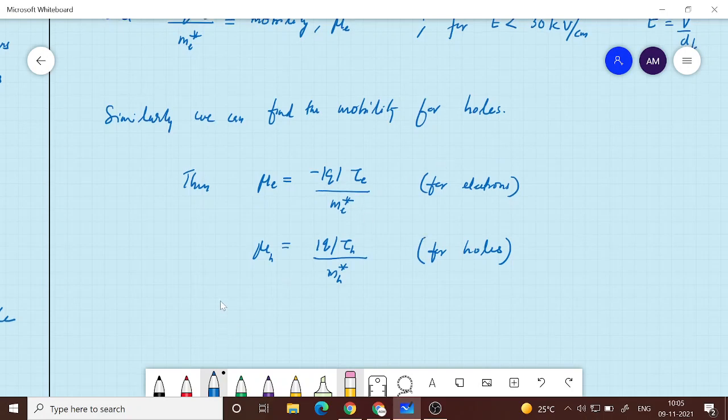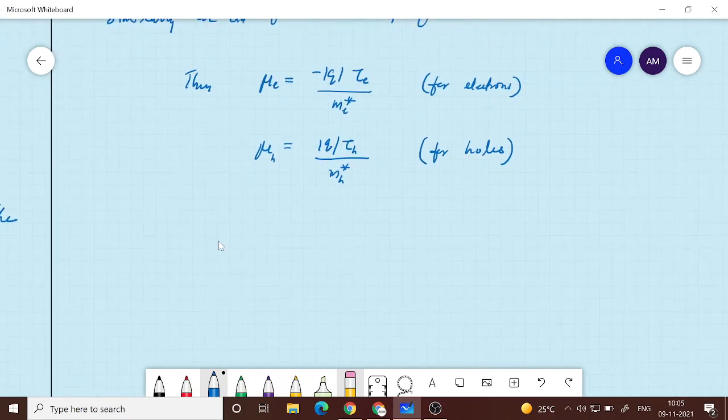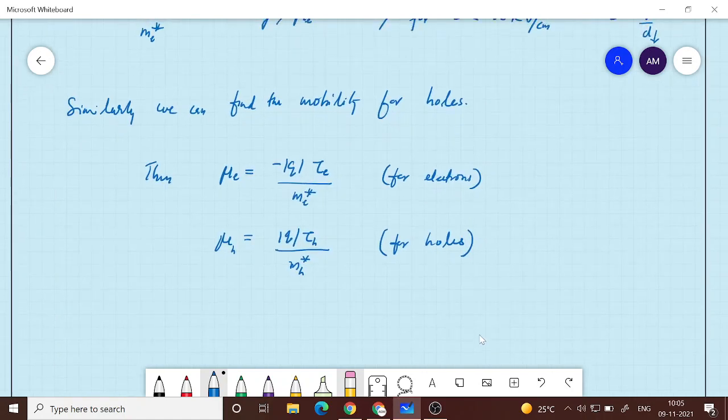So if you have the mobilities, we have the velocity. It is just the product of mobility with electric field. Again I am emphasizing that this is valid only for low fields.